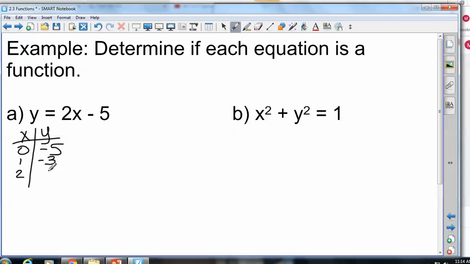If I put in a 2, we get out -1. If I put in a -1, -7. If I take any number, multiply it by 2 and subtract 5, am I going to get more than one answer? No. Every time you're going to get one and only one answer, right? So what does that mean? It's a function.